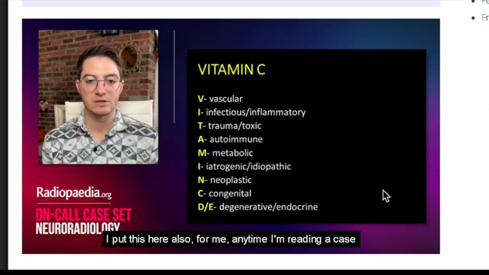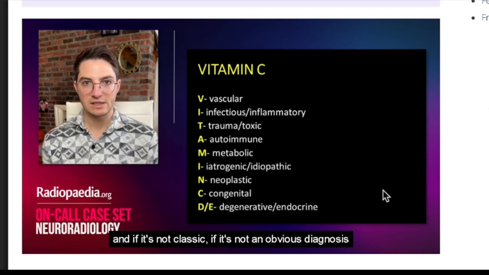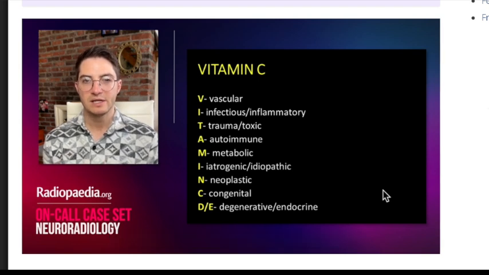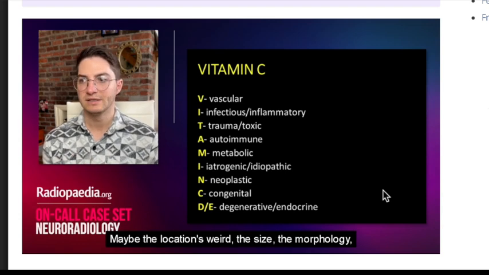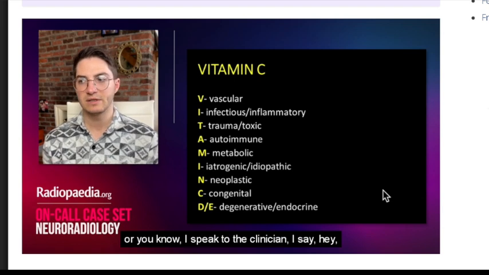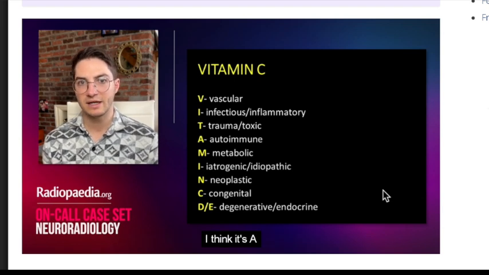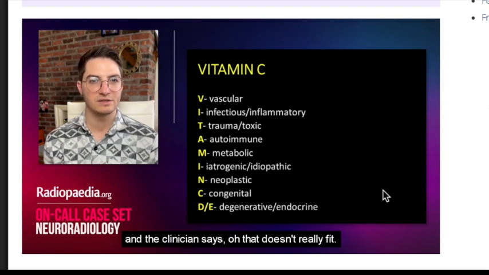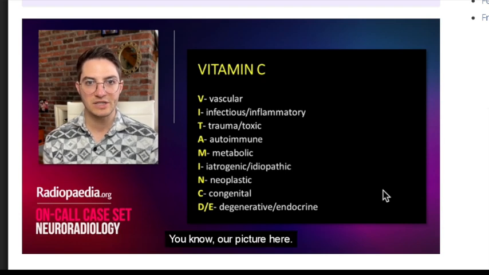I put this here also. For me, anytime I'm reading a case that's not classic, not an obvious diagnosis, not very bread and butter, and there's something that smells off about the case, maybe the location is weird, the size, the morphology, the patient's age, or I speak to the clinician and say, hey, I think it's A, and the clinician says, oh, that doesn't really fit our picture here.